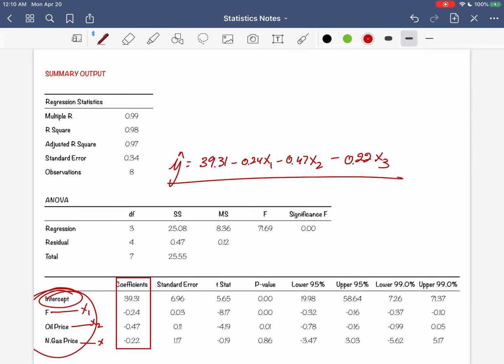Of course, the column next to it is the standard error. It tells you the standard deviation of every slope as well as the intercept. If you take your slope and divide it by the standard error, you should get your t-stat. Immediately, you should recognize which variables are important and which are not. The important variables are always going to be the ones that have the highest t-stat.